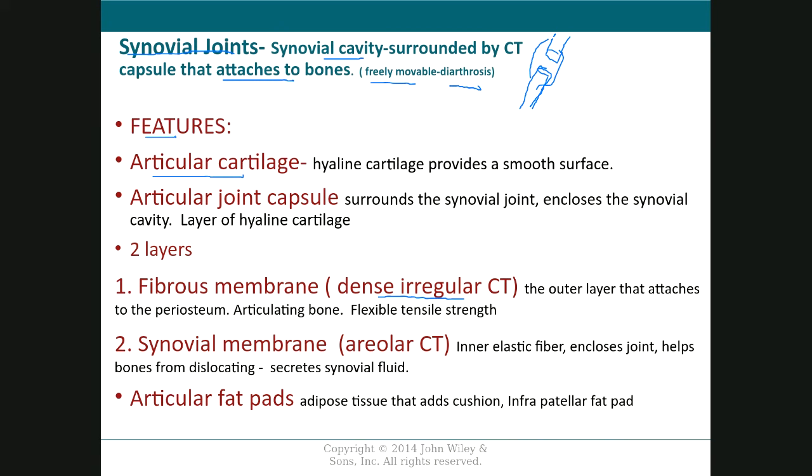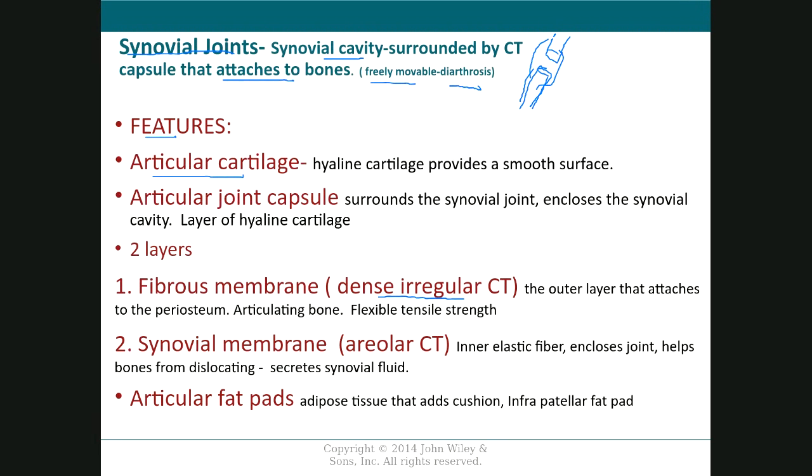Remember, we learned from bones, the outer layer of the bone is called the periosteum, and that's made up of also dense, irregular connective tissue, which makes the connection of the capsule to the periosteum very strong in pulling strength or tensile strength and flexibility.